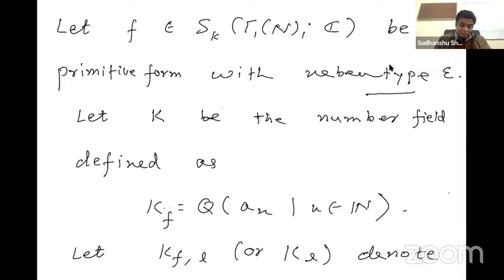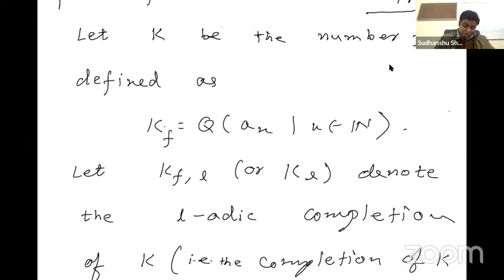So let K be the number field defined by the field obtained by adjoining the Fourier coefficients of that eigenform f. That this is a number field requires proof, but it's a consequence of the fact that the Hecke algebra itself, for example the Hecke algebra with coefficients in Z, is a finitely generated Z-module.